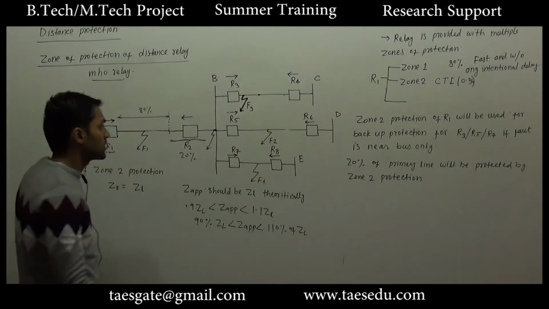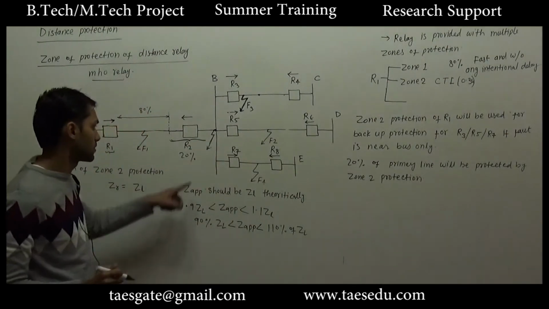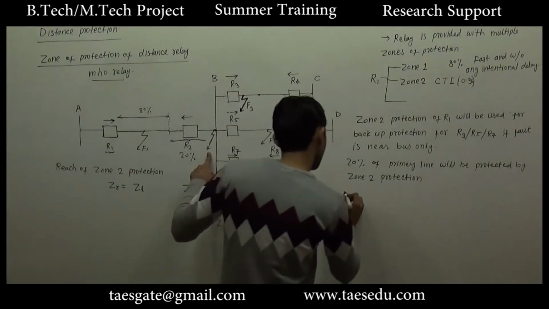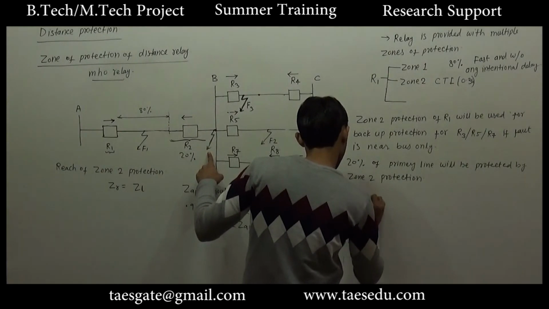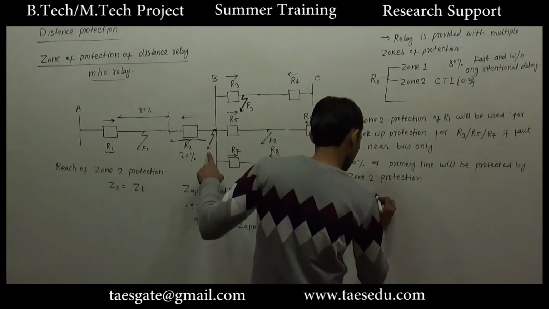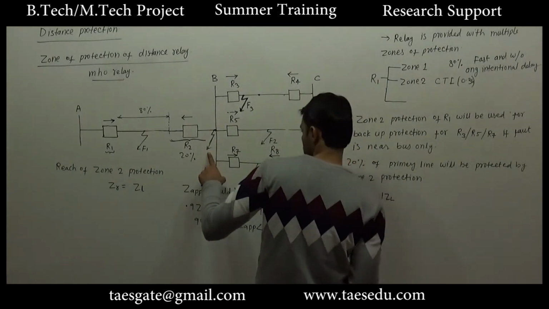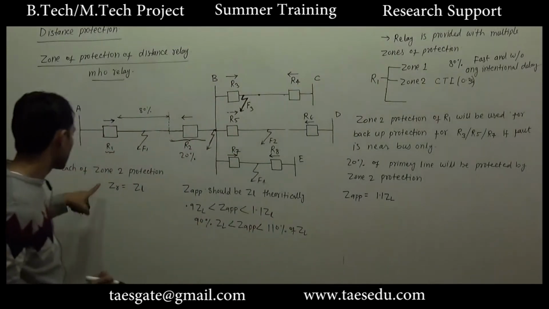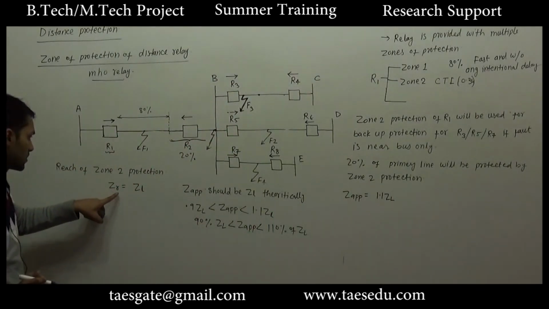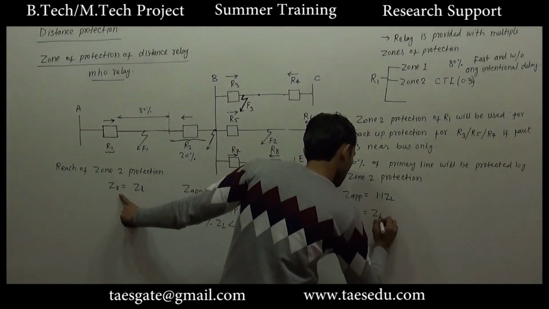Now let us consider a fault at this point, where Z apparent as measured by the apparatus is slightly greater than ZL. Let's say this is 110%, that is 1.1 ZL, and let's say the reach of zone 2 protection ZR is equal to ZL only.